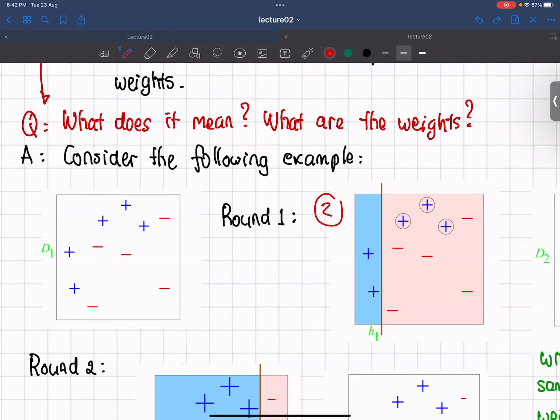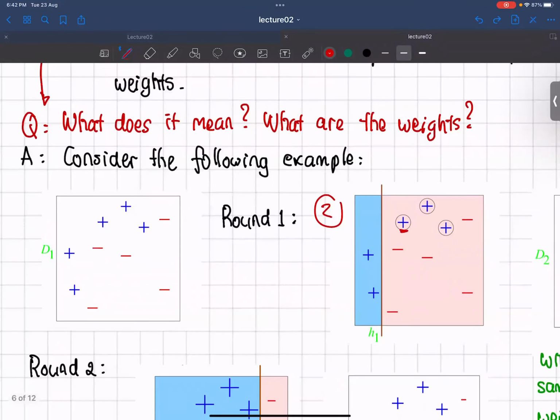Now, you have a rule that the left of the line is positive and the right side is all negative. That's your rule. In that case, some positive samples will be on the wrong side.